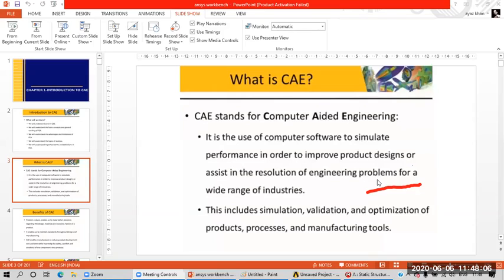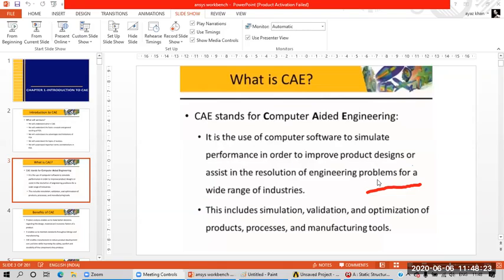In how many years will that bookshelf decay, stop working, break, fail? Whatever word you want to use. So that is the whole idea of CAE.